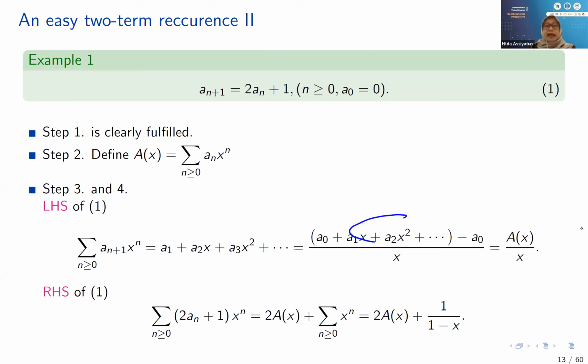This is A(x), right? So we must adjust this by subtracting a0, and divide by x.